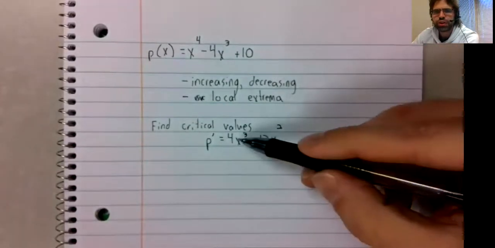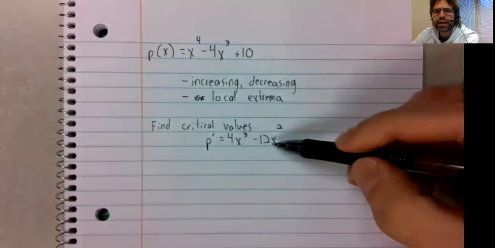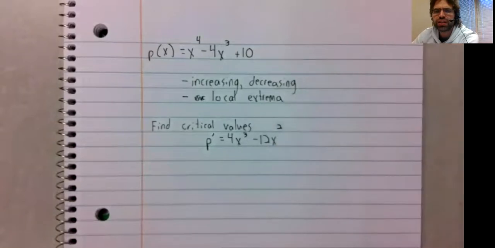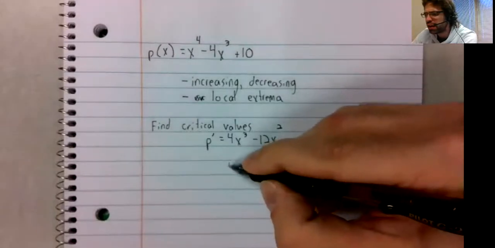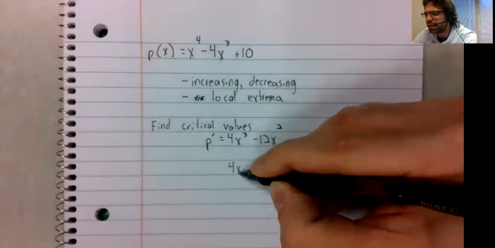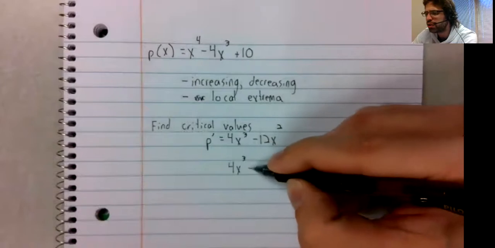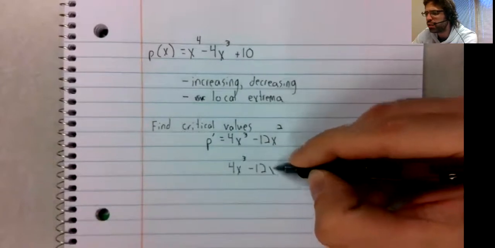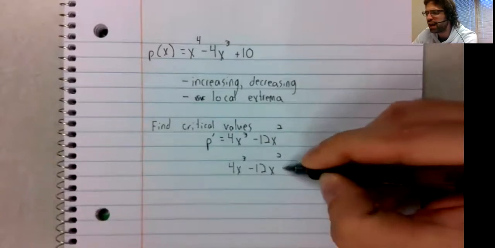There would be a critical value anywhere this derivative doesn't exist. We don't get any critical values that way. A cubic polynomial is always defined.